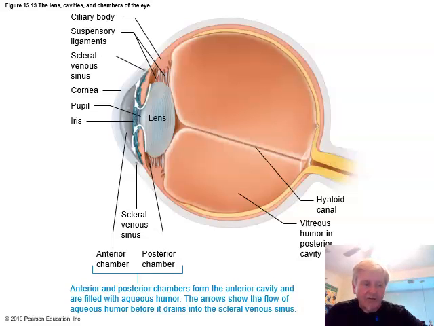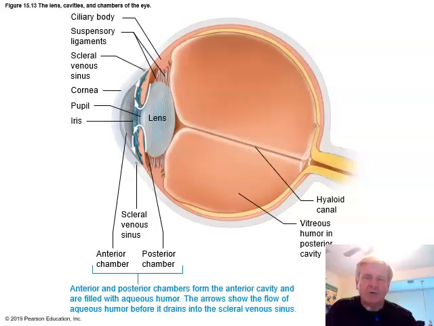Okay, some of these other features of the eye that you see here. You have two chambers to the anterior cavity. Remember, the anterior cavity is the part of the eye that's filled with aqueous humor anterior to the lens. Okay, posterior cavity is behind the lens, and it contains a gel-like material called vitreous humor, located in your posterior cavity.